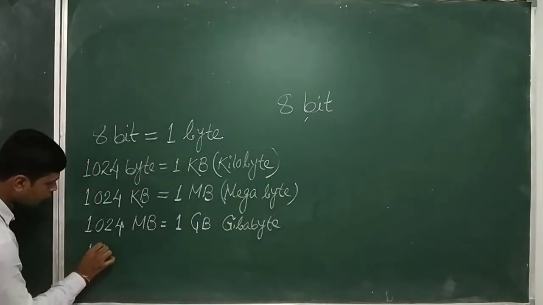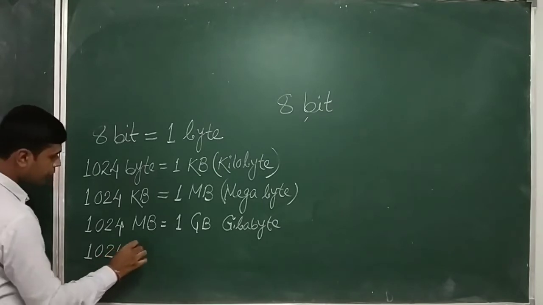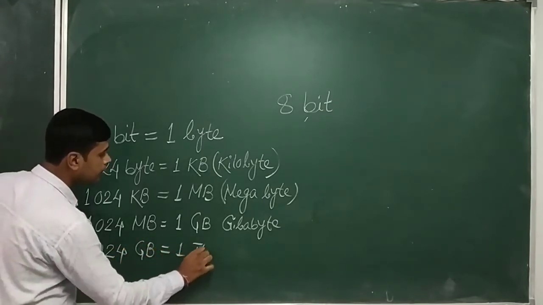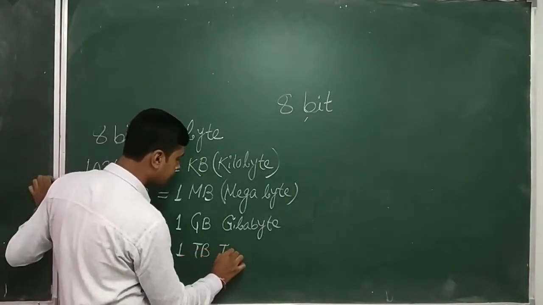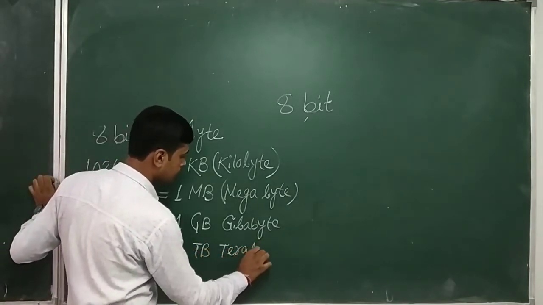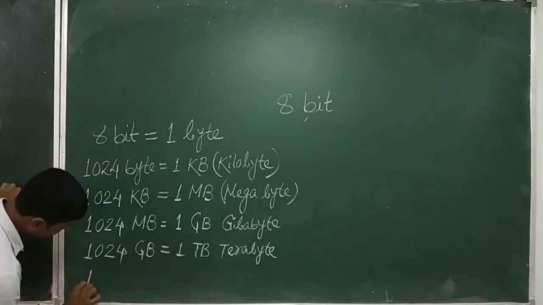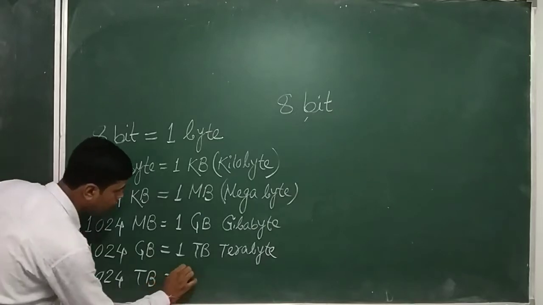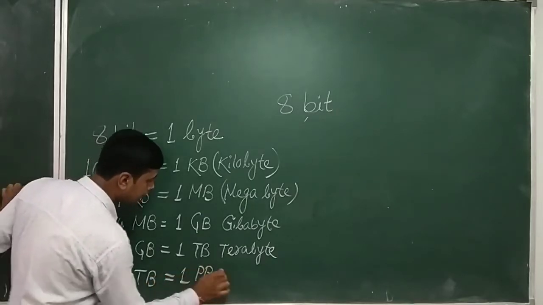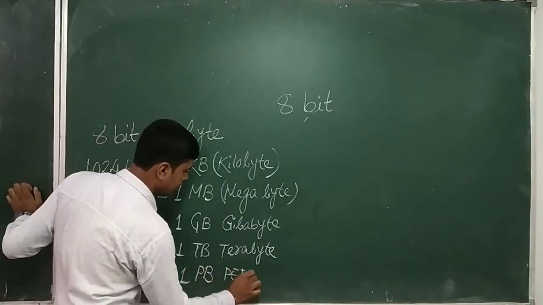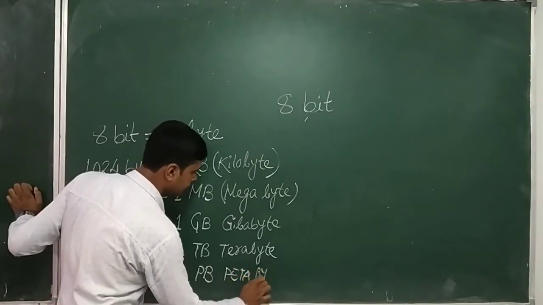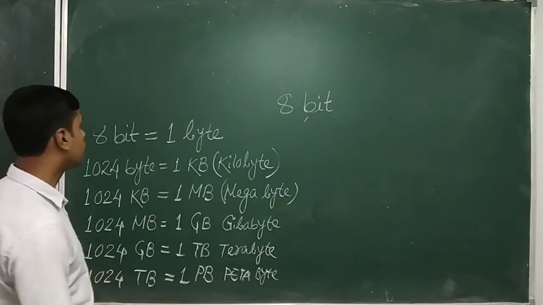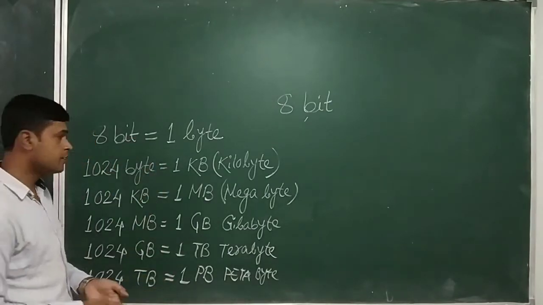Next, 1024 GB is equivalent to 1 TB. TB means terabyte. 1024 TB is equivalent to 1 PB, means petabyte, etc. So these are the measuring units of a computer.